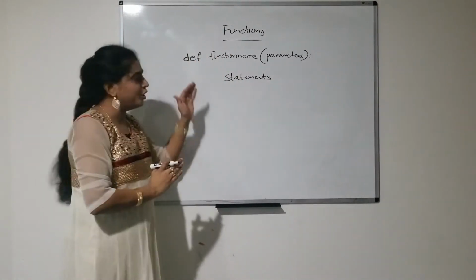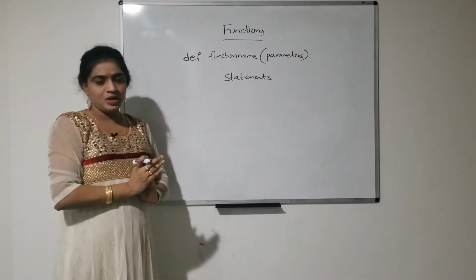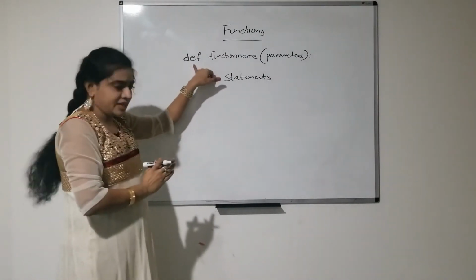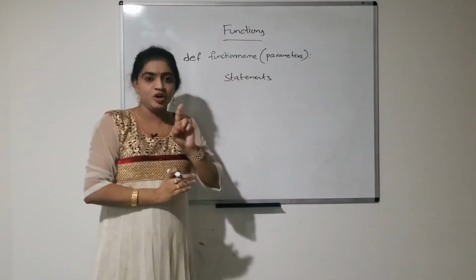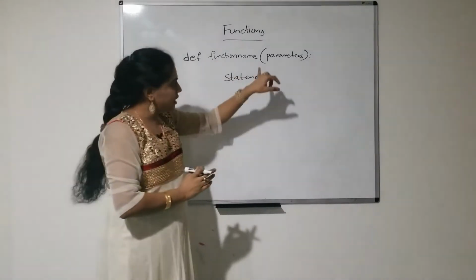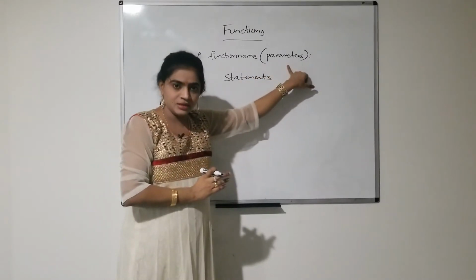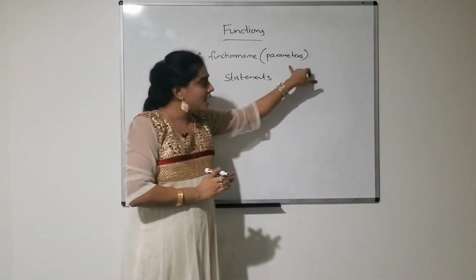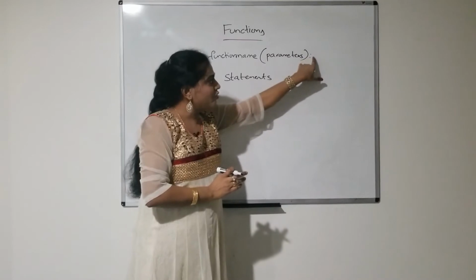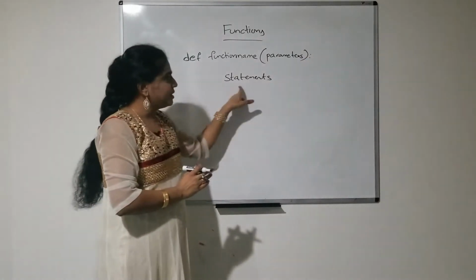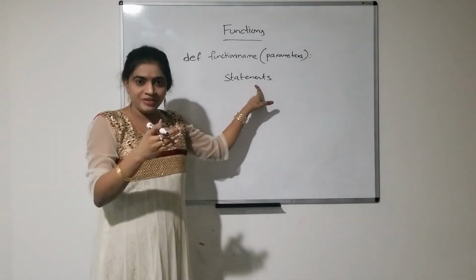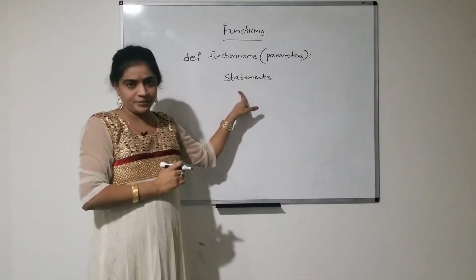That means you are going to define a function. def is the keyword, then the function name, which should not be a keyword, remember that. Next you pass the parameters, followed by a colon, and then whatever statements you want to define within the function, you write here.